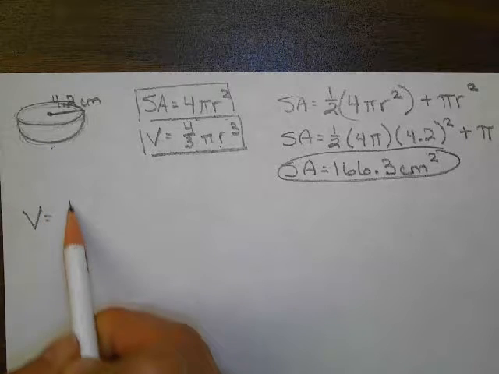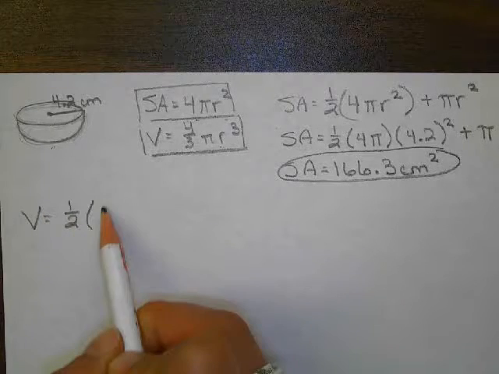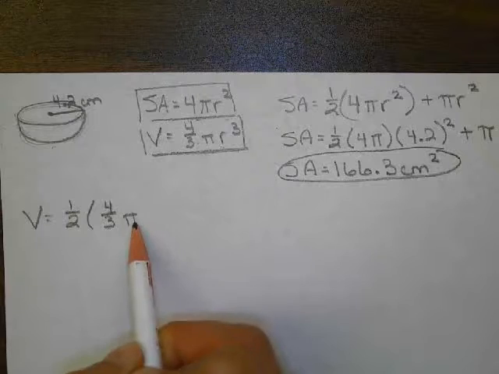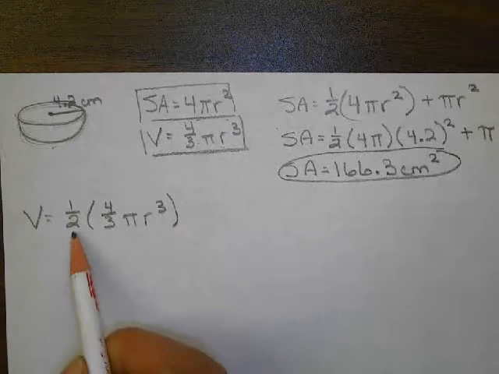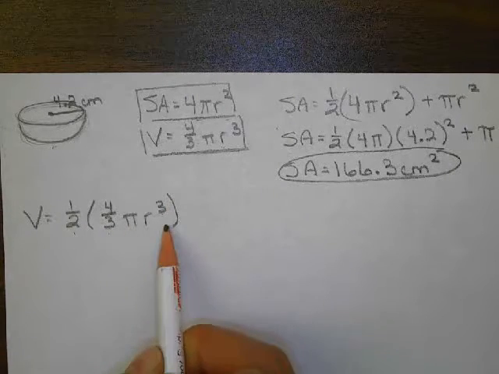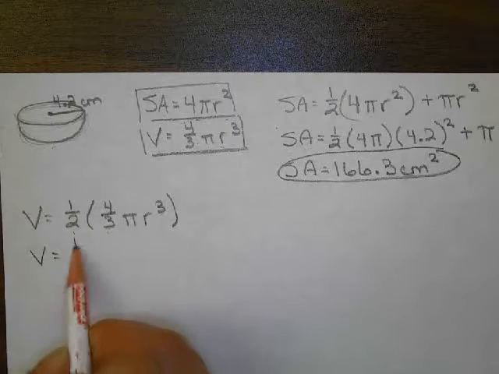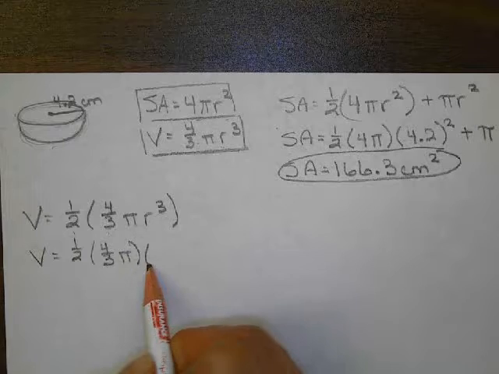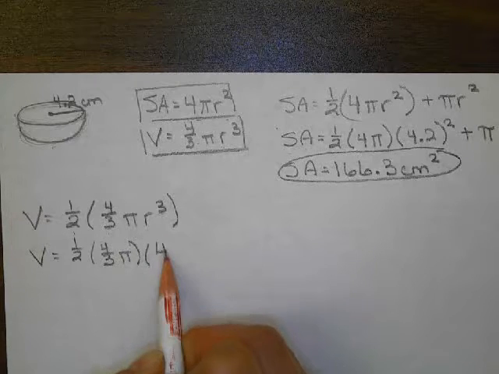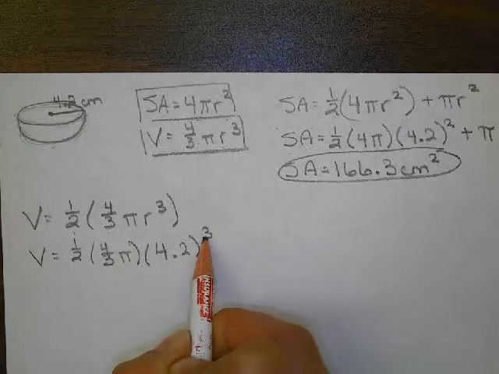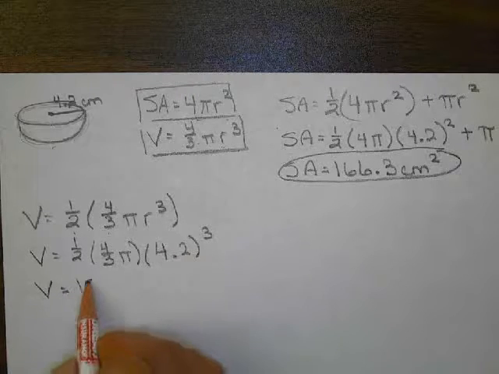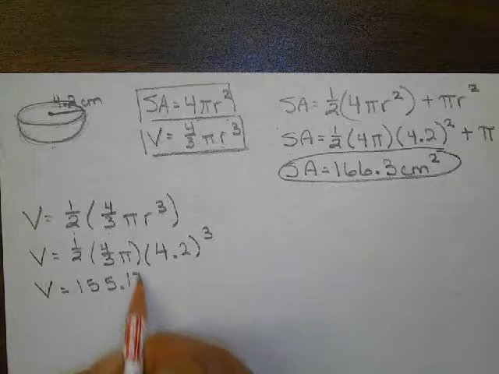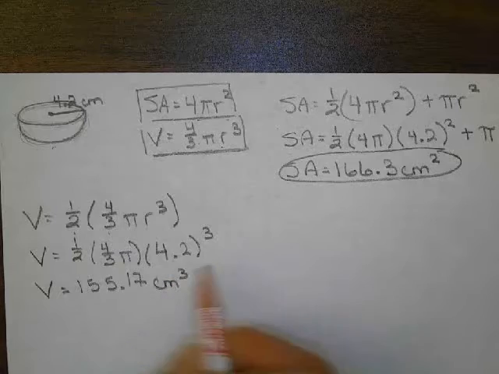So my volume formula has to be half of what the volume formula for a whole sphere is. So I take 1/2 of 4/3 pi r cubed. Plug in what I know. And then my volume ends up being 155.17 centimeters cubed.